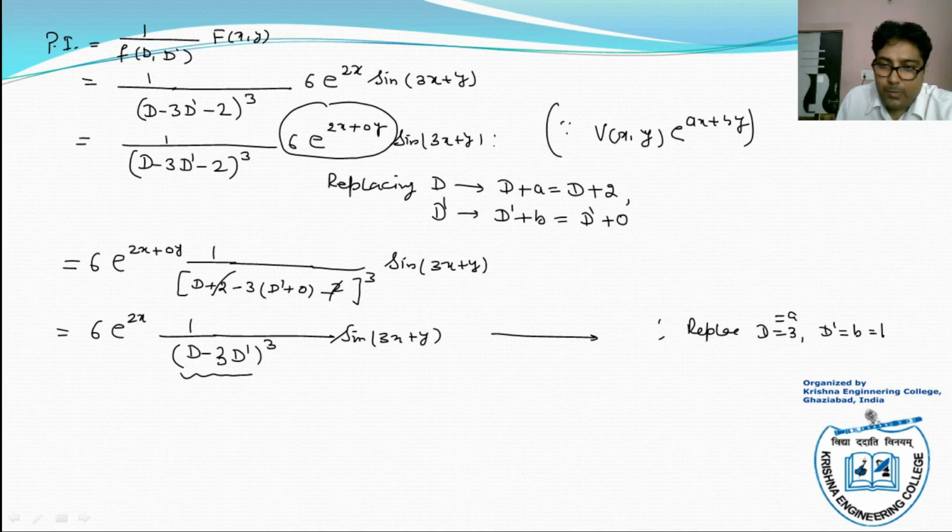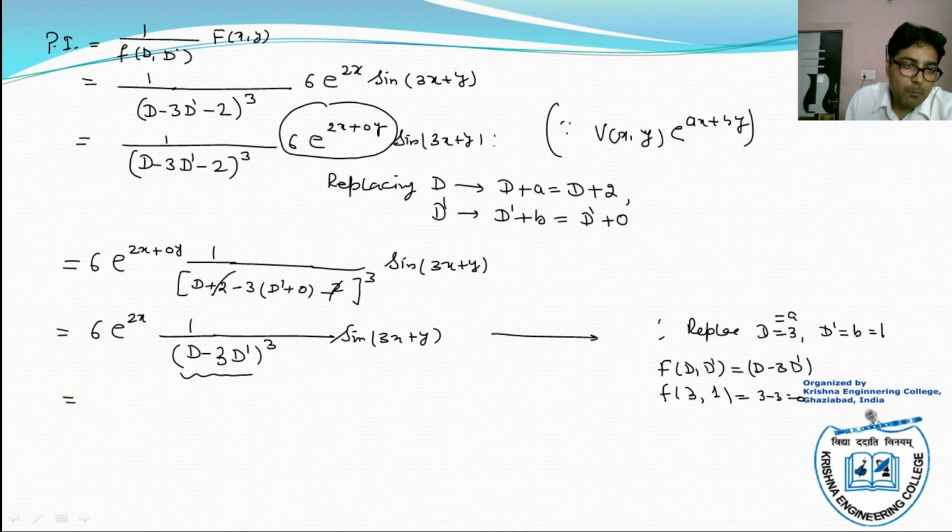Now first we put D equal to 3 and D' equal to 1. f(D, D') is equal to D minus 3D'. Replace D by 3 and D' by 1. This becomes 3 minus 3, 0. So the rule has failed.